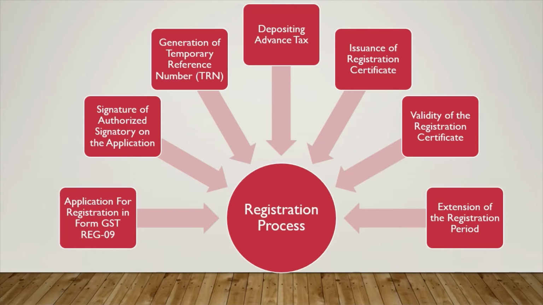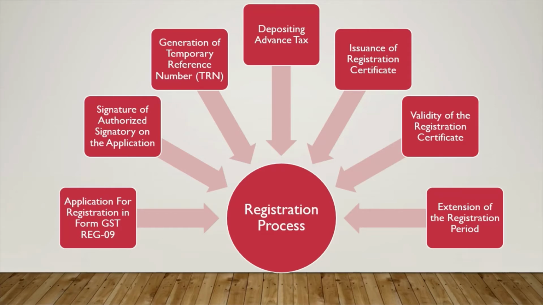Now moving on to the next one, it is depositing advance tax. Under it, the non-resident taxable person is required to deposit the mandatory advance tax using the TRN provided. And what was TRN? TRN was the temporary reference number provided via the common portal.